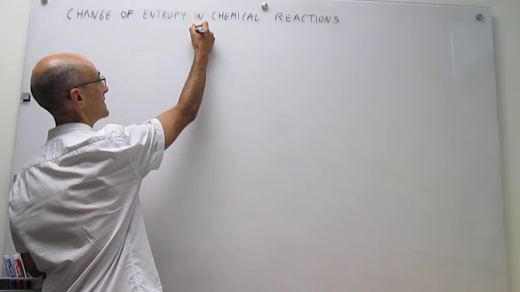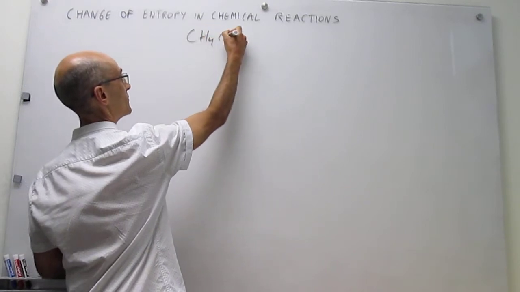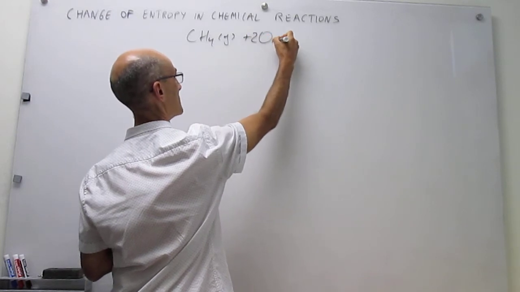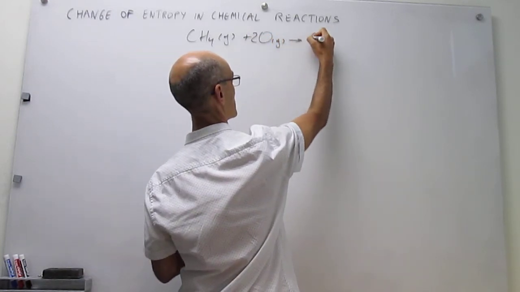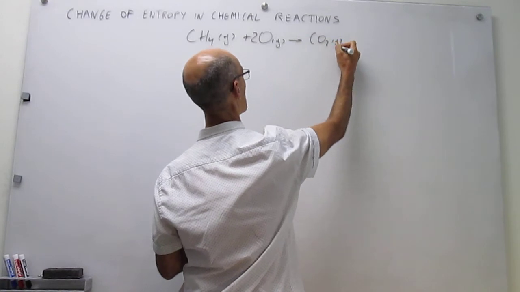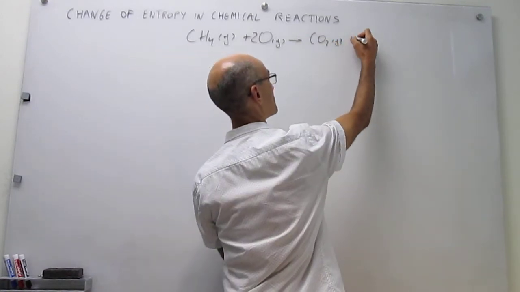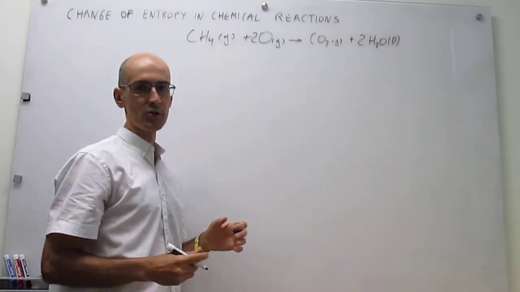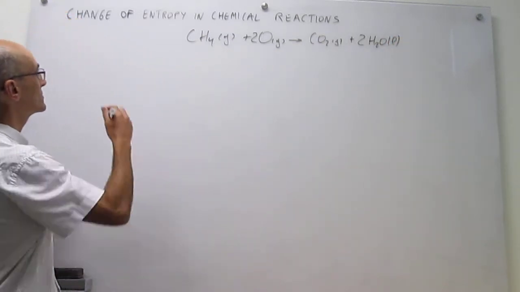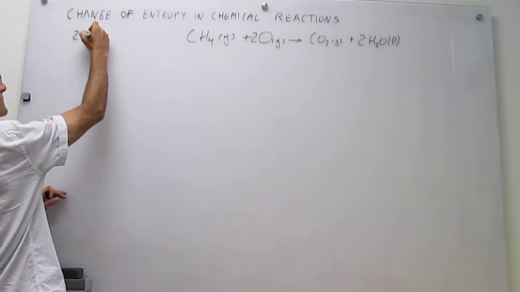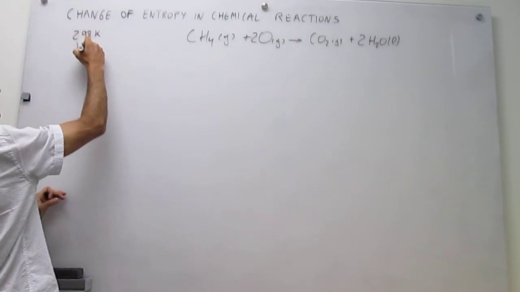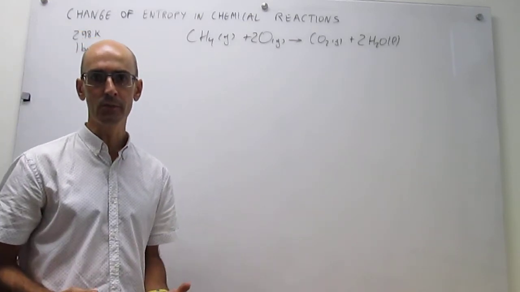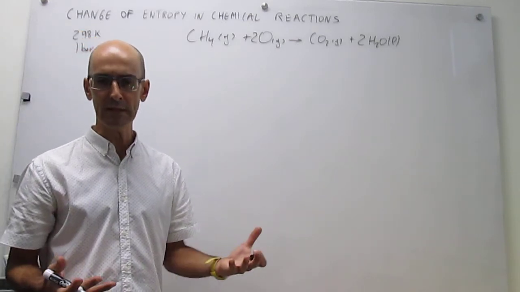So methane is just CH4 gas, which we can burn with oxygen gas to generate CO2 as a gas, and then water, which if we run this combustion reaction under ambient conditions, 298 Kelvin, and 1 bar of pressure, then water would be a liquid.